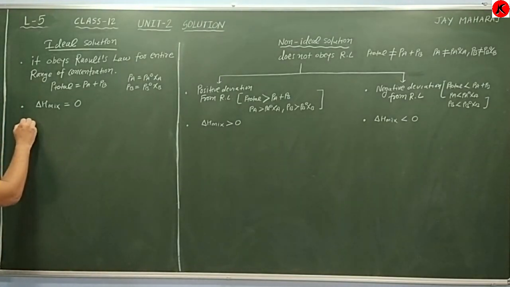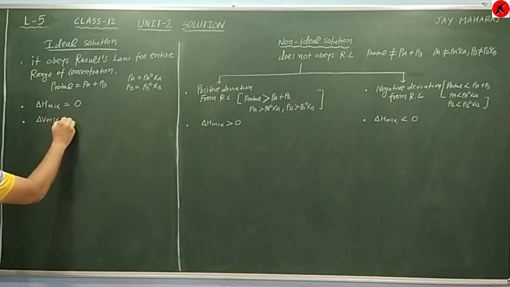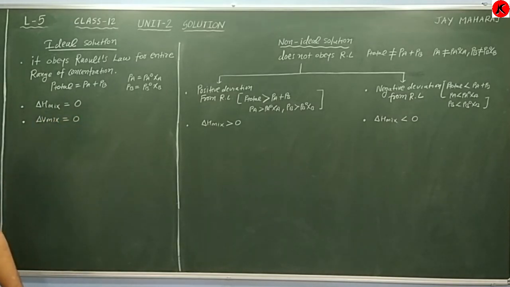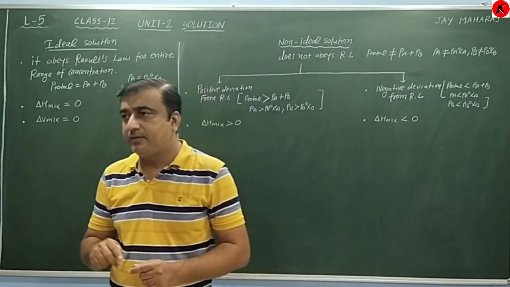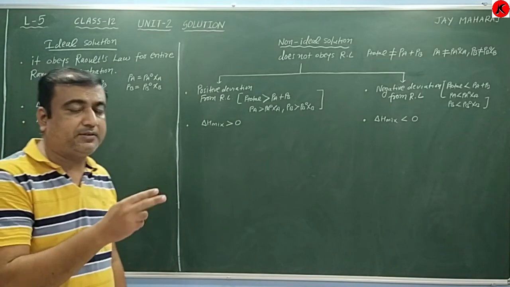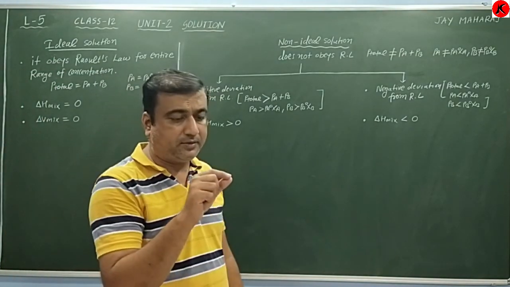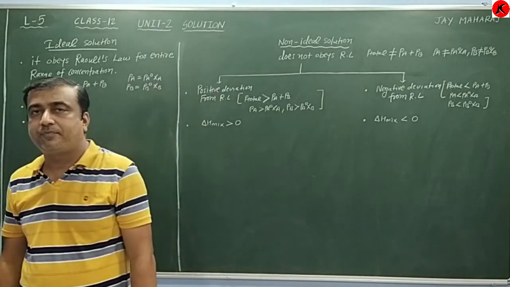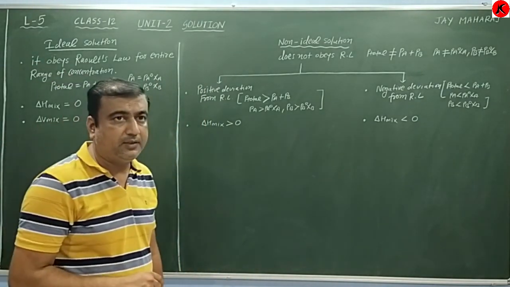Now, third characteristic of ideal solution, delta V mixing equal to 0. Delta V mixing equal to 0 means suppose we are forming liquid solution by mixing liquid solute and liquid solvent. That means 10 ml solute is mixed with 100 ml solvent.